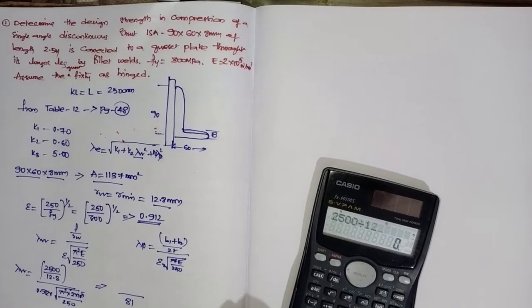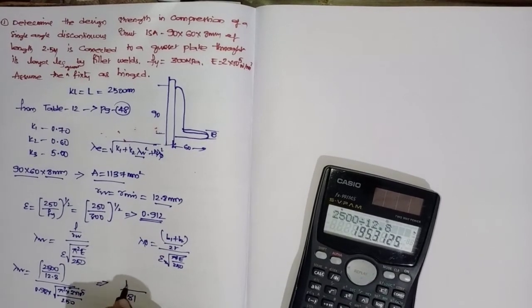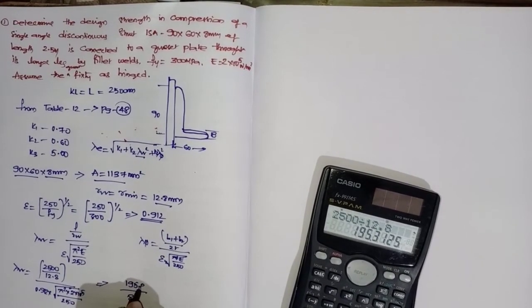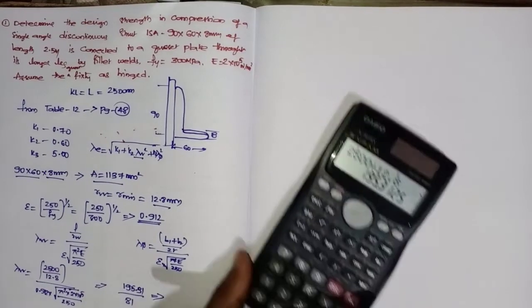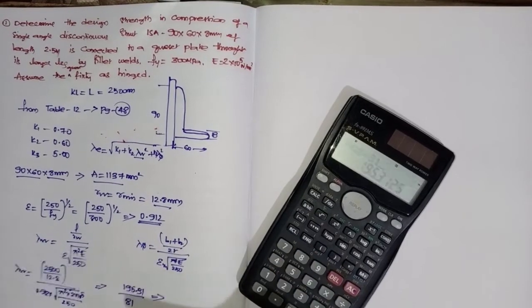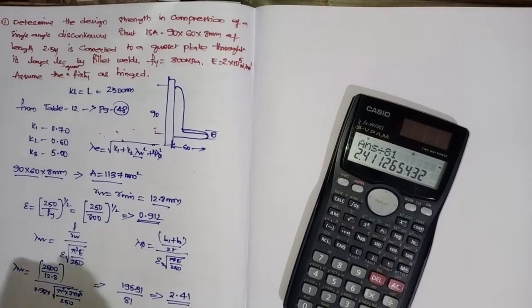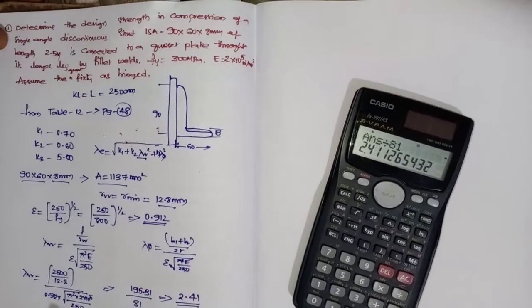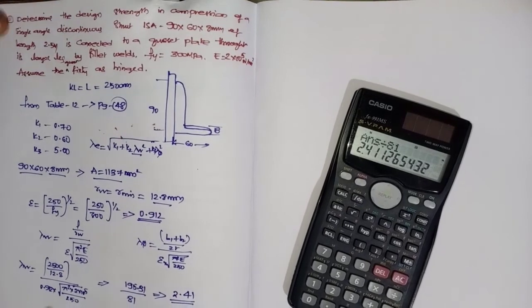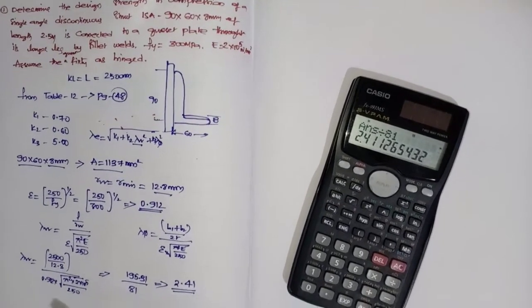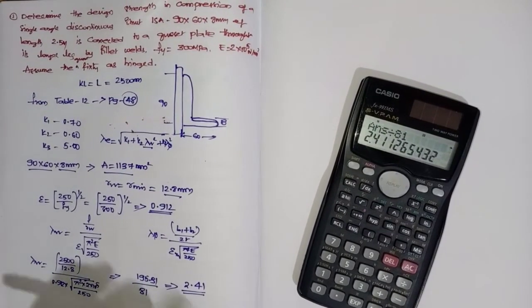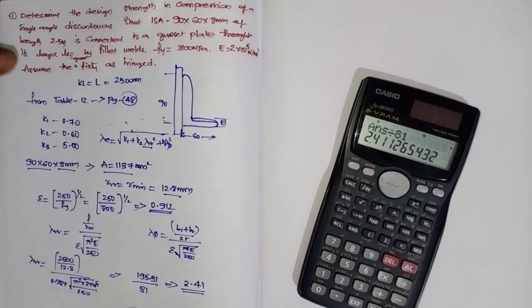The numerator, 2500 divided by 12.8, is 195.31, divided by 81, so 2.41. This is lambda Vb; we calculated lambda Vb square.